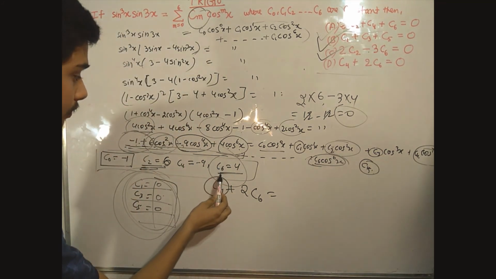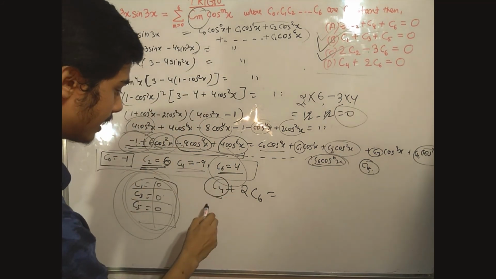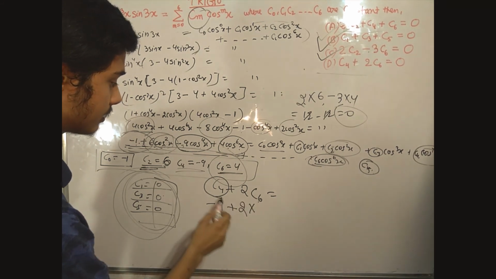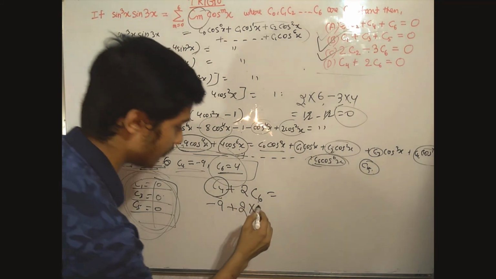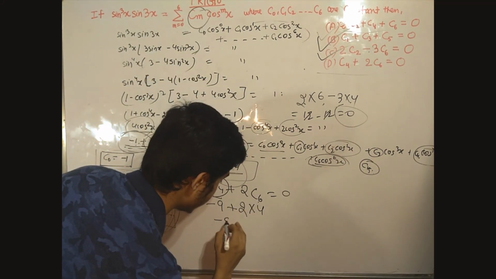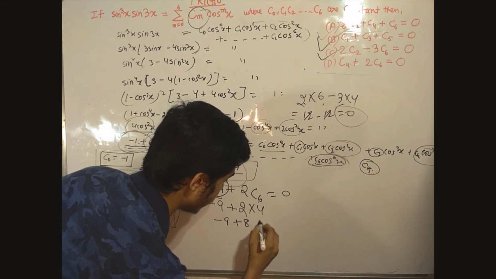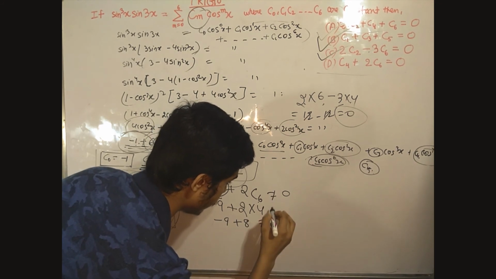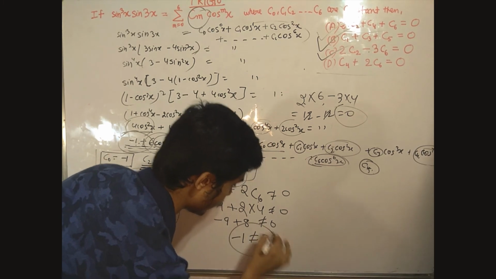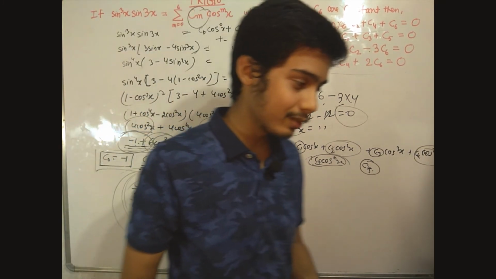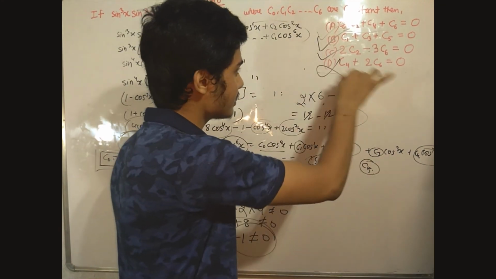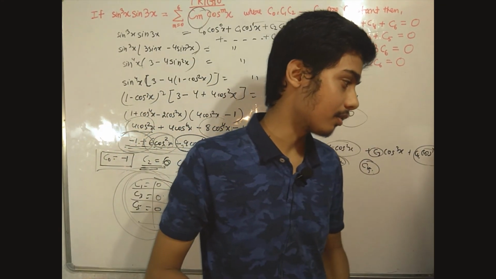The value of C4 is -9, plus 2 times the value of C6, which is 4, equal to 0? -9 plus 8 is not equal to 0. Here it will come -1. So -1 is not equal to 0, so this option is incorrect. This option is wrong.